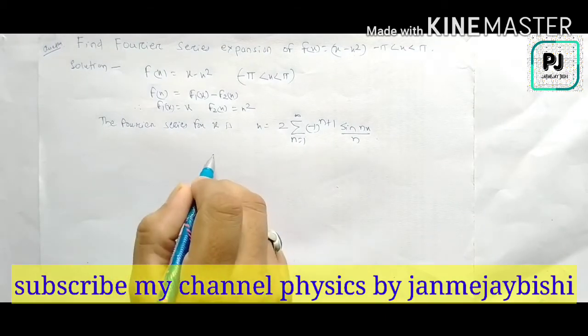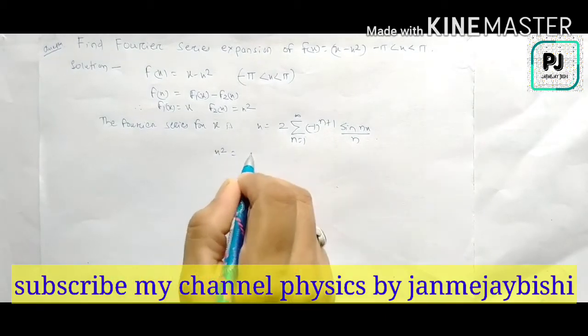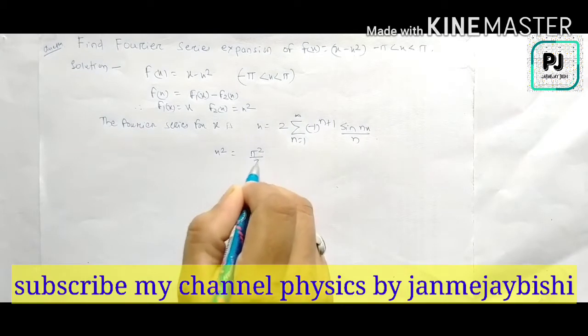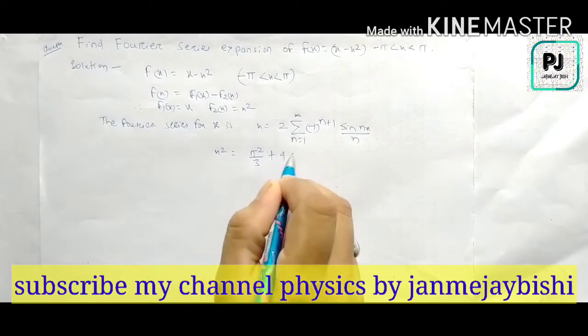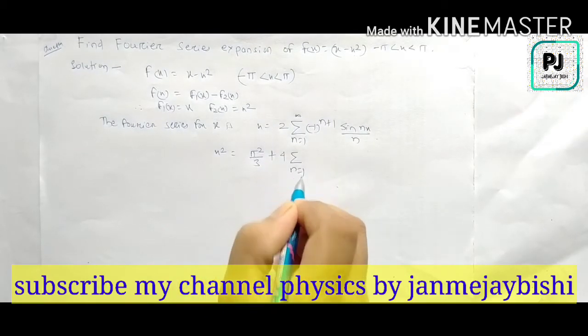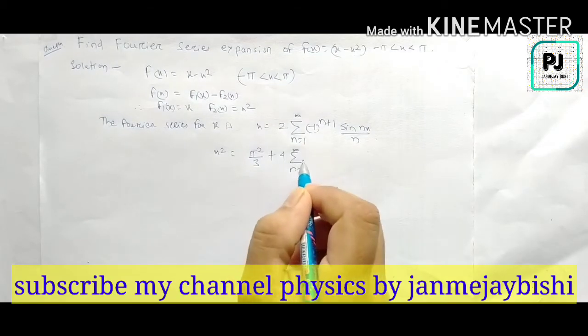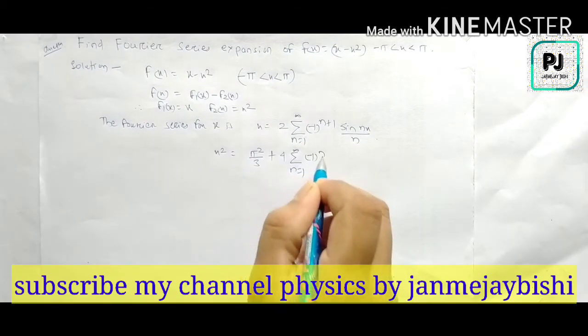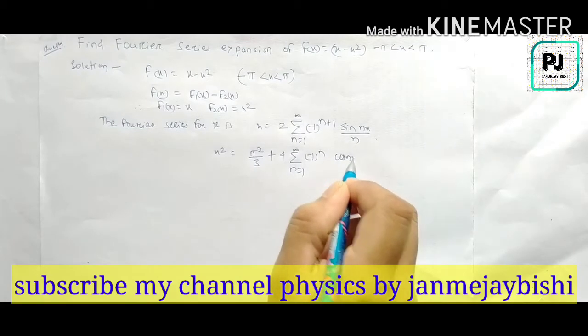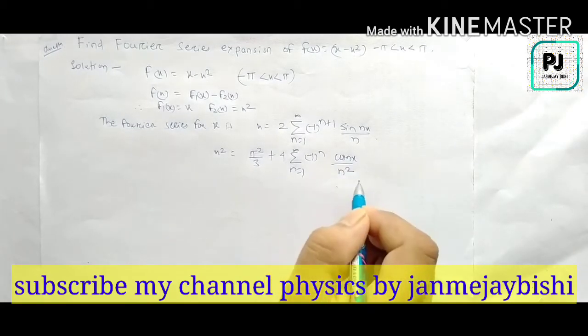And for x square, the formula is pi square by 3 plus 4 summation n equals 1 to infinity of (-1)^n cos nx divided by n square.